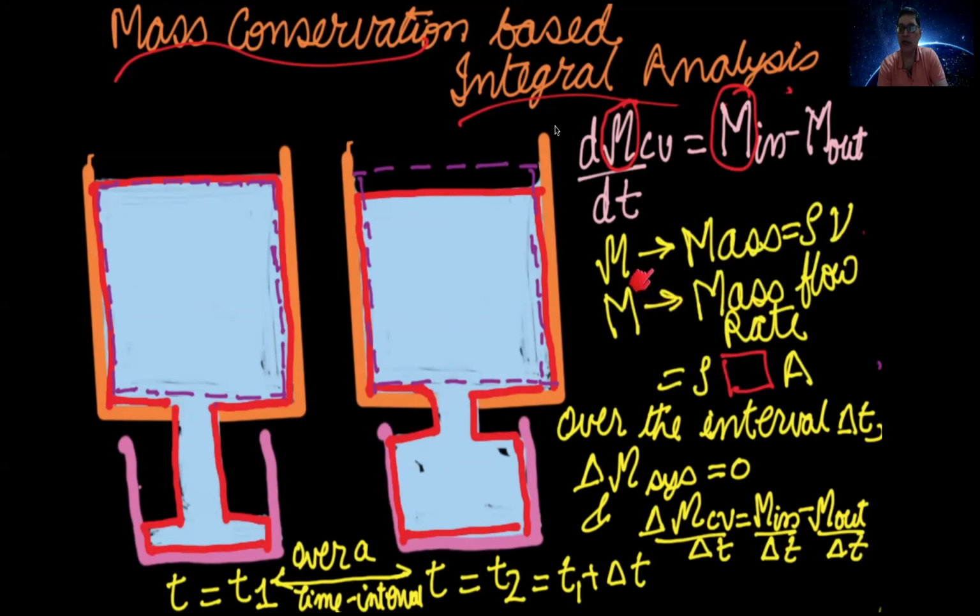Mass is a volumetric term, it depends on volume, whereas mass flow rate is a flux term, as I had mentioned in my previous lecture. So mass flow rate depends on the area, whereas mass depends on the volume. So if you want the expression for mass flow rate, it involves density and area. Here you have a volume, here you have an area. The difference between the volume and area is a length scale, and moreover this is mass flow rate.